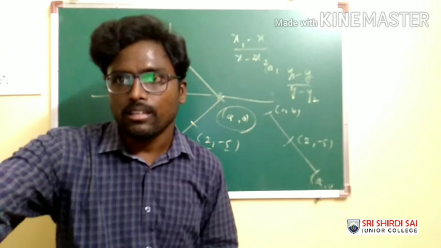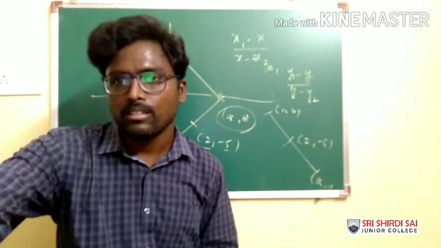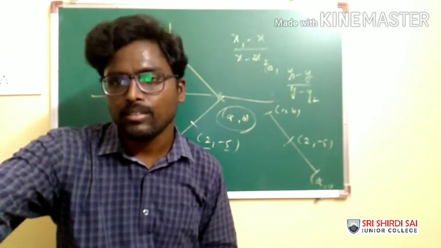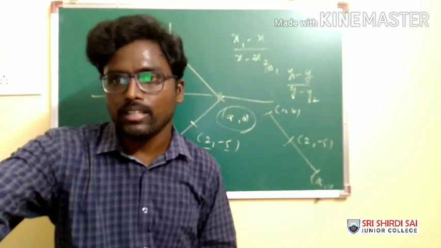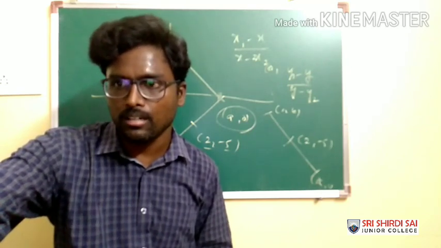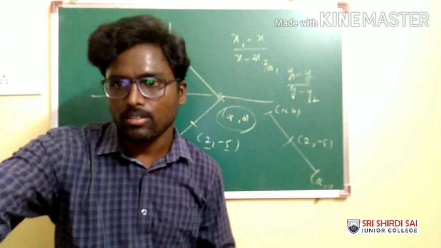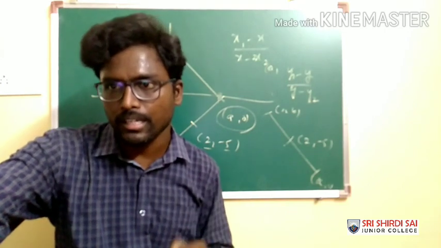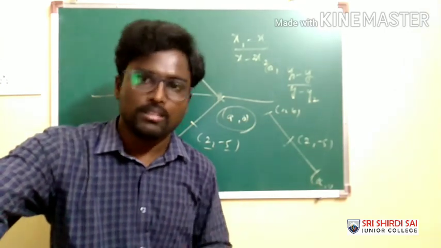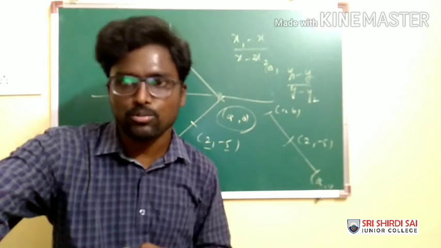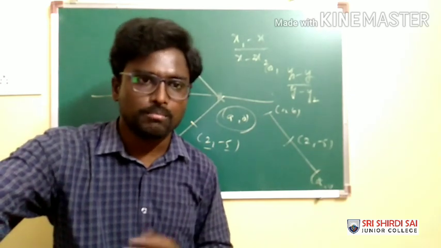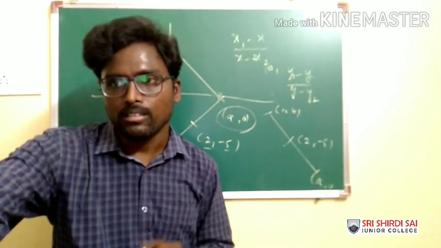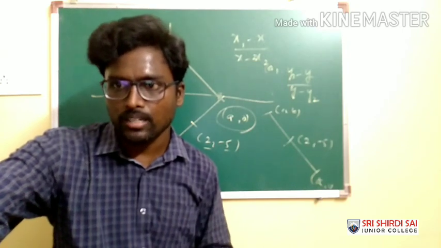Next, go with another problem. That is the area of the triangle with the vertices 0, 0, x comma. Sorry, here the coordinate should be x1 comma y1. Please note down, the second coordinate is x1 comma y1.